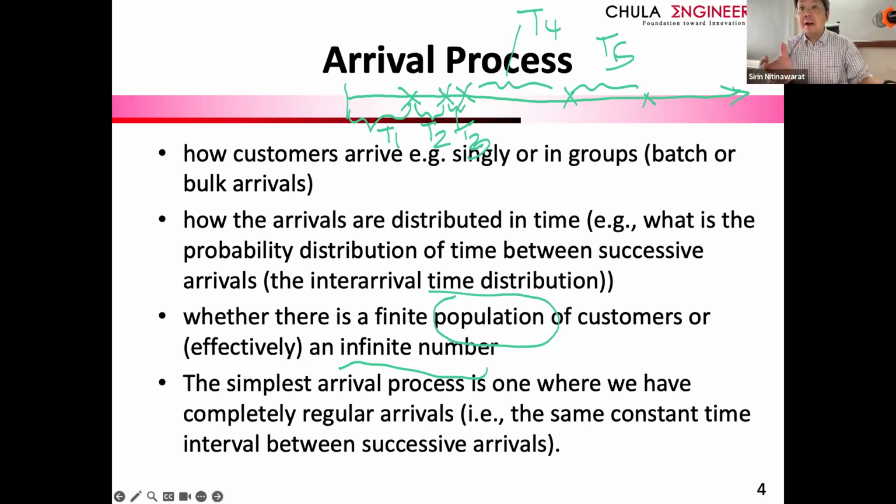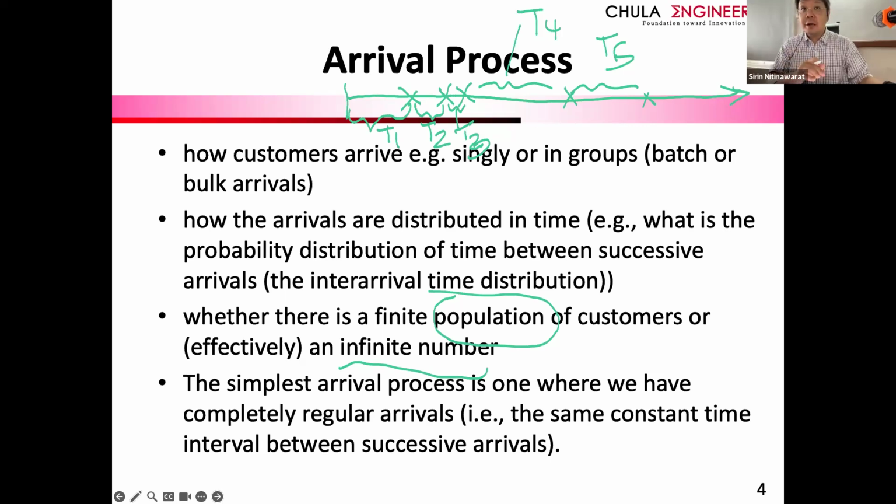Something like a completely deterministic arrival, right? At completely regular intervals, right? So then you just specify the inter-arrival time period, right? And then depending on how long the system progresses, you can divide by this period to figure out how many customers have arrived, right?